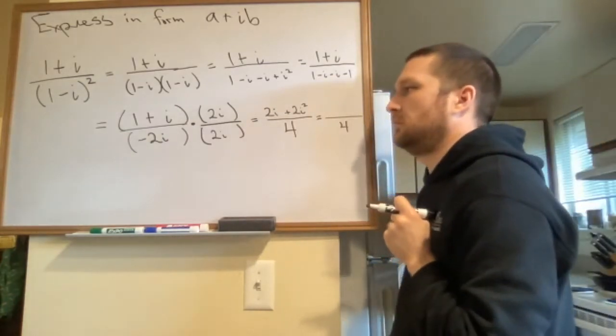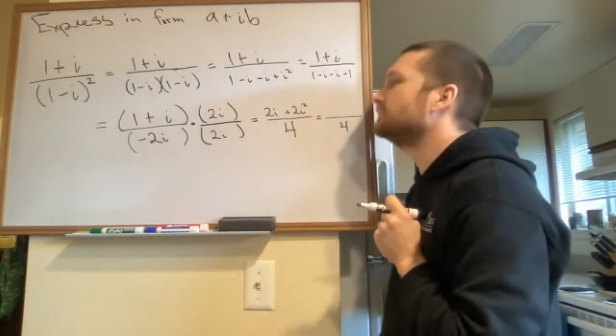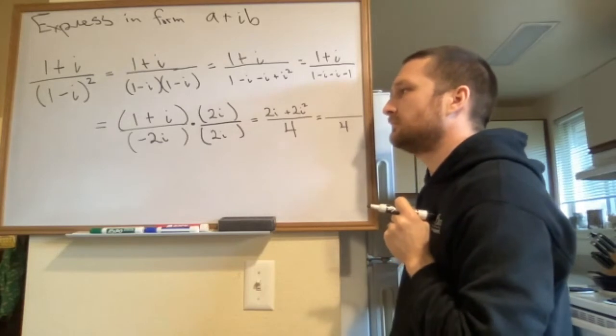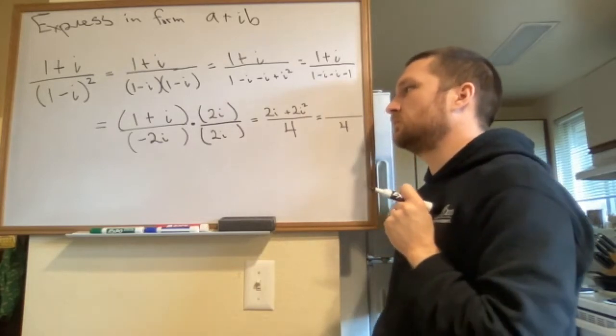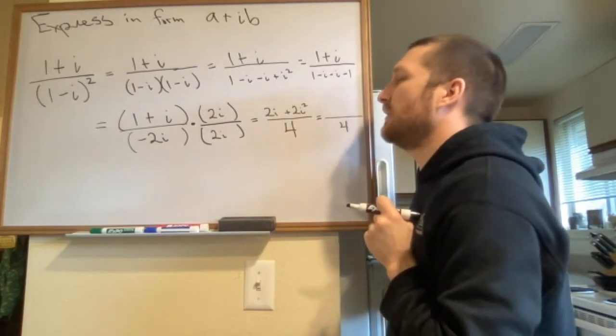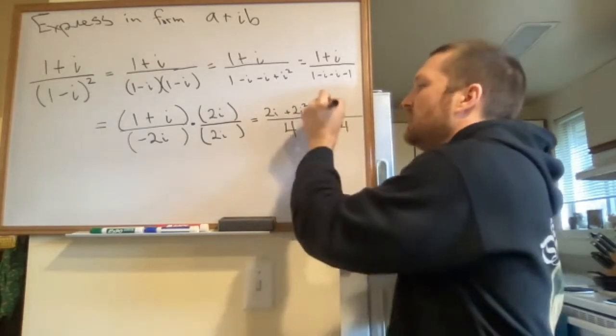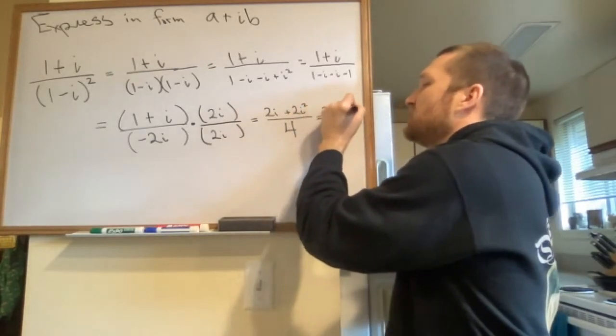Minus 1. Okay. So then that 2i squared is actually just negative 2, right? So in other words, 2i minus 2.